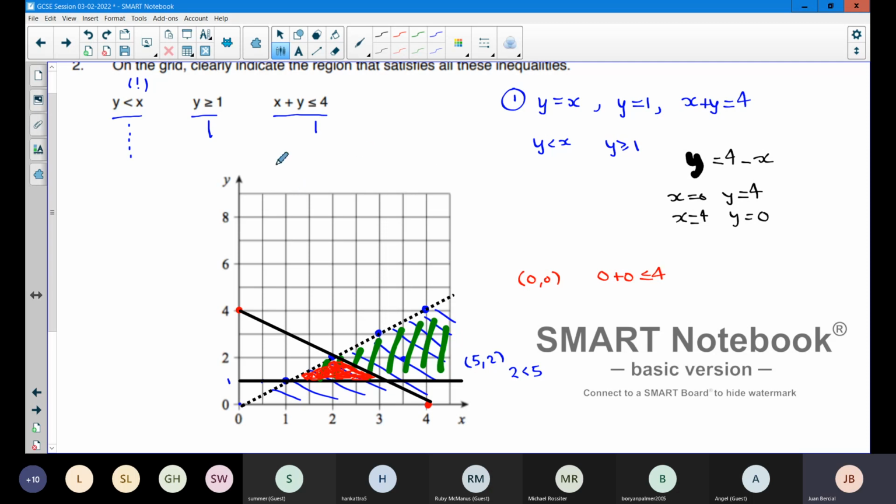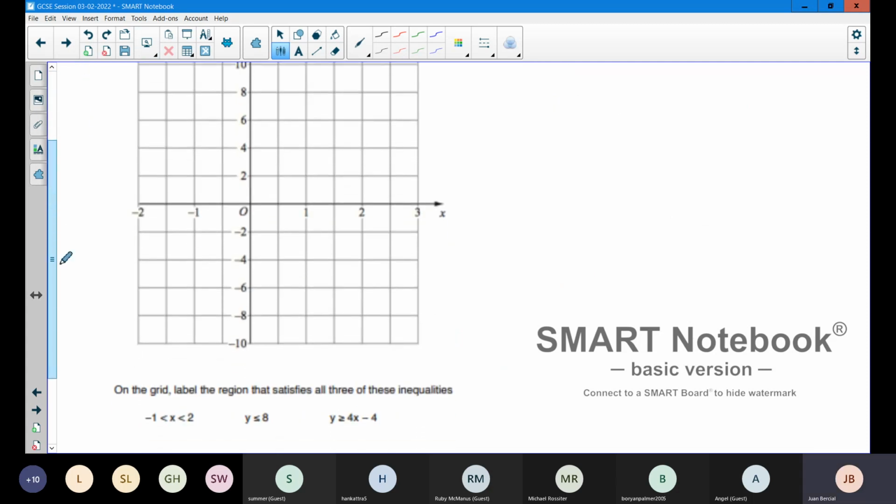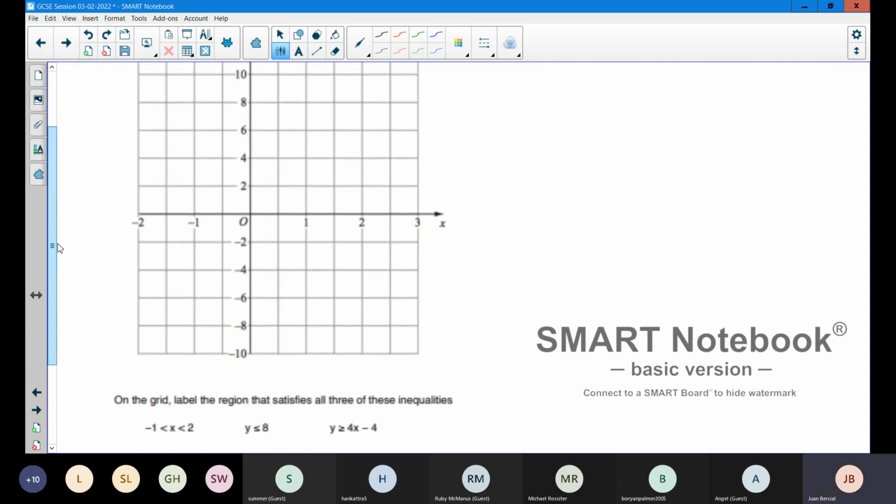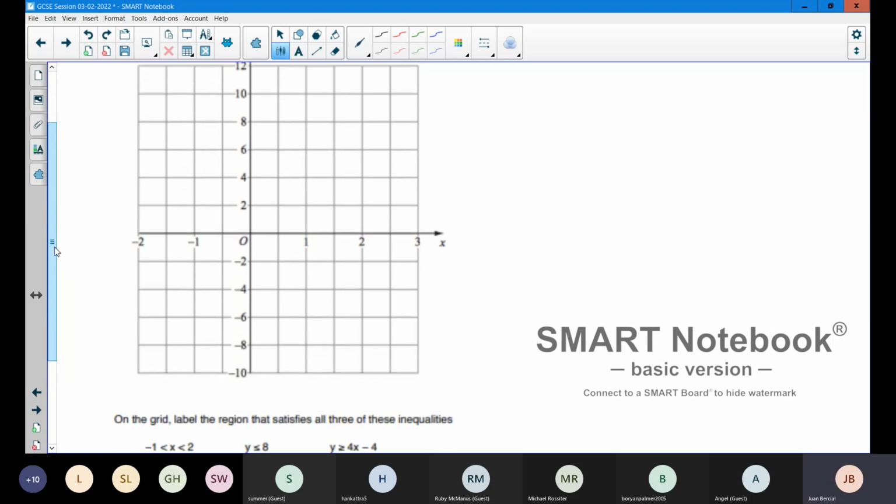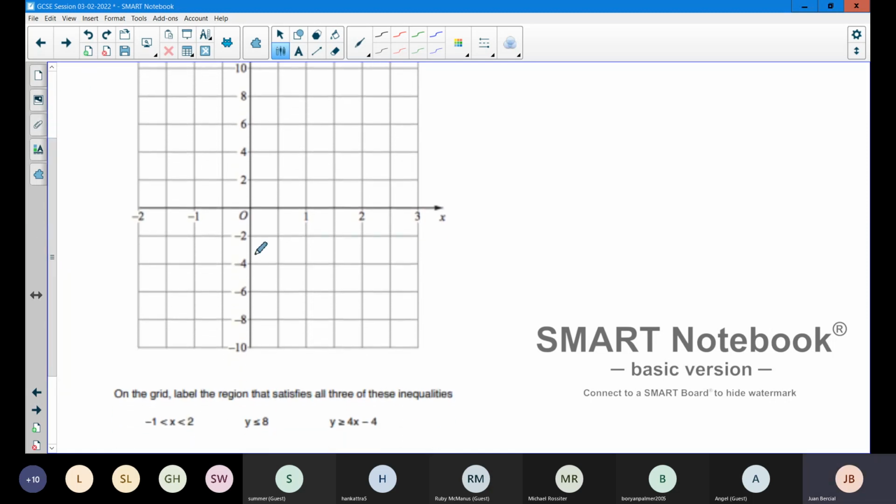So this is about this one here. I'm mindful of the time, I want to do more things. With this one, the only thing you have to be careful about is that x is in between -1 and 2.